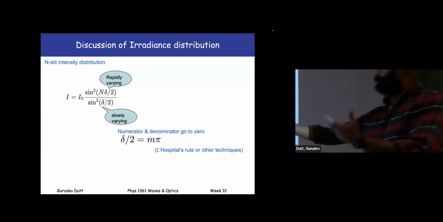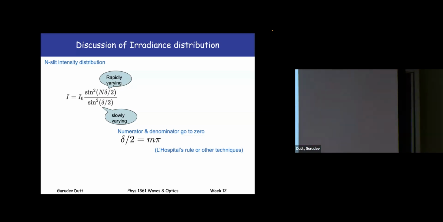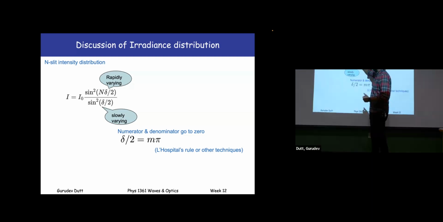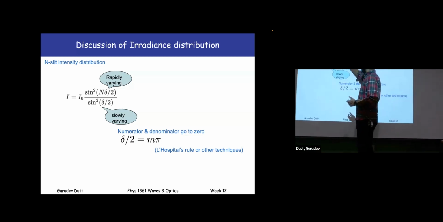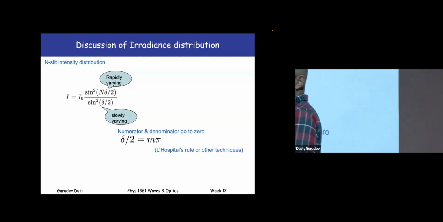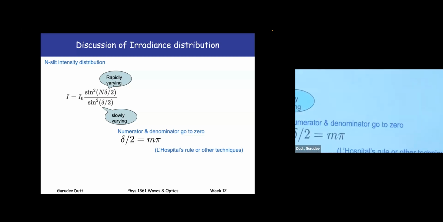Okay, because you can obviously also see that if I were to take just the point where, say, n delta over 2 is equal to, well, let's say I'm going to put some random number, pi over 3 or something like that. Well, then delta over 2 is pi over 3n.